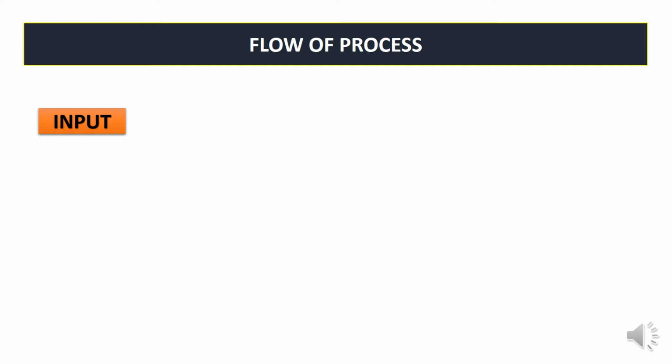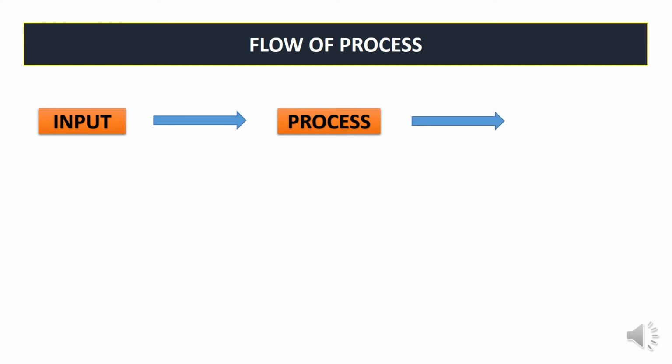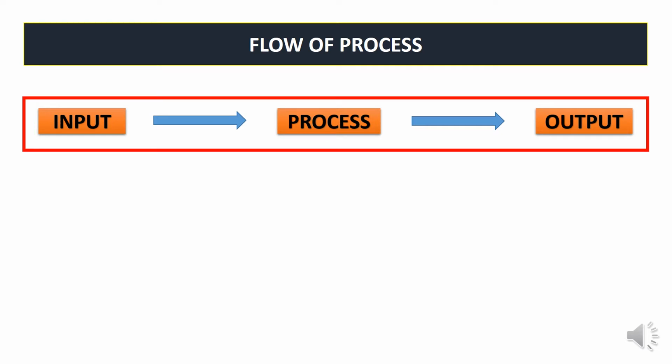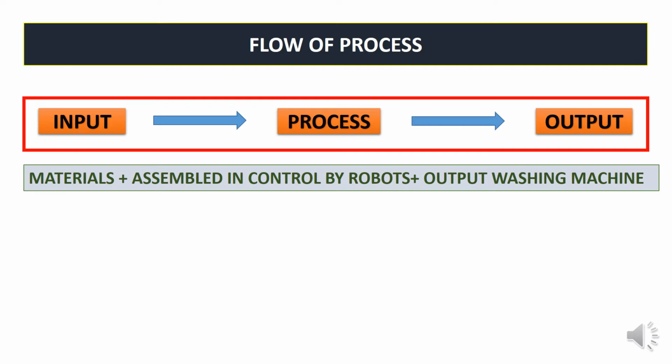If you see in this process, on the left side there is input, which is in the form of small parts of the washing machine. Then it goes to the robots where it gets processed or assembled, which is called a process, and that converts the child parts after assembly into output. This is called the main process. And in this main process we have three main things: input, process, and output.